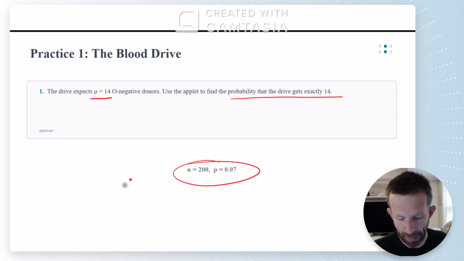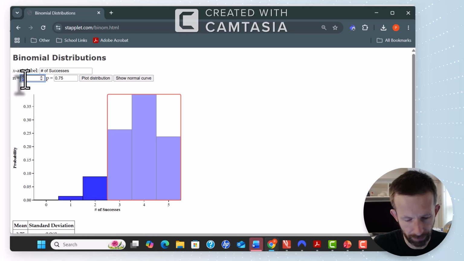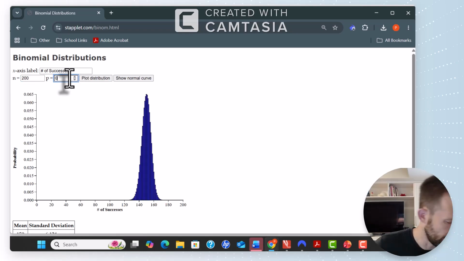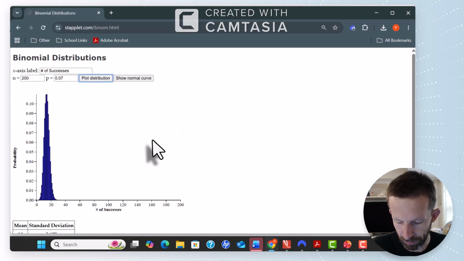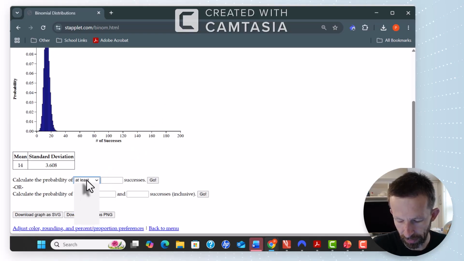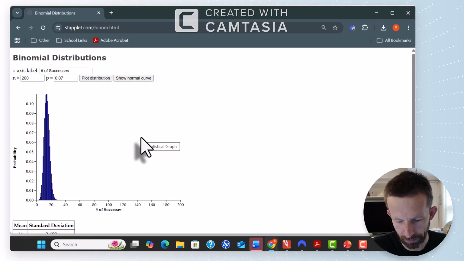So out of 200, we have 200 people with a probability of success, here defined as being an O-negative donor, of 7%. So I want to know the probability of getting exactly 14 out of 200.